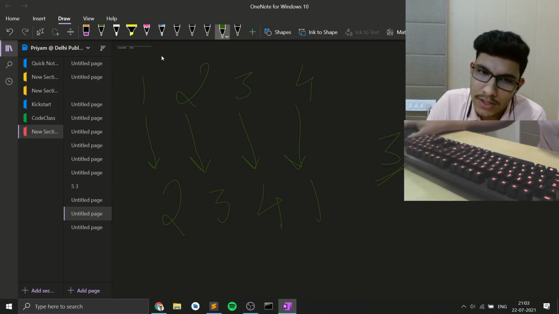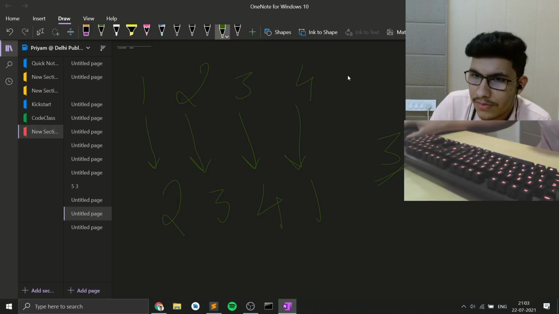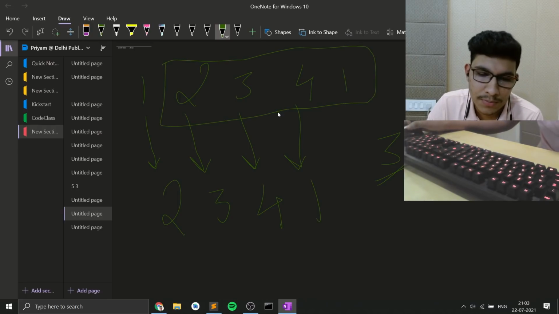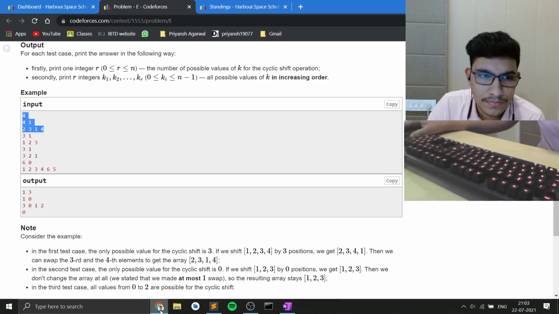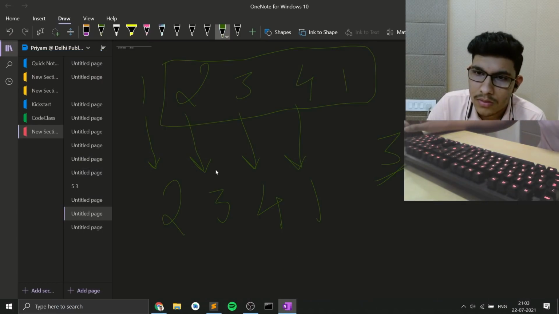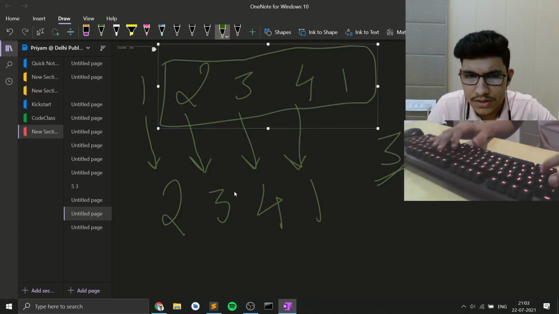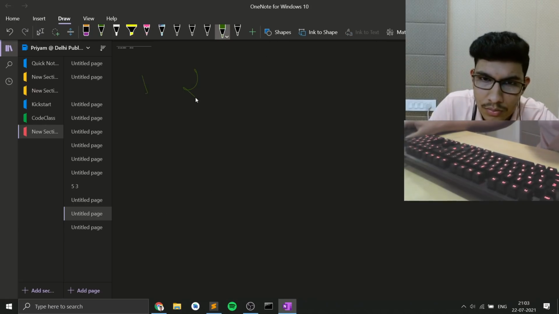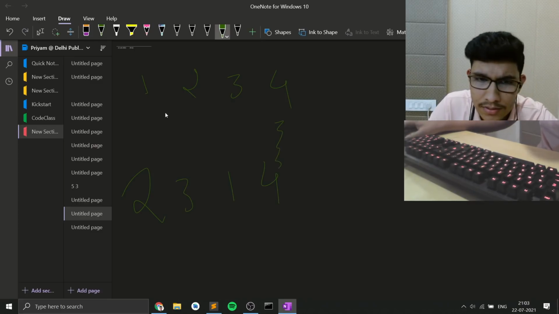Right. Now if I, let's say, just move to, if I consider this permutation now, this cyclically rotated permutation. Okay, so this permutation was something different. We have 1, 2, 3, 4, and we have 2, 3, 1, 4. So 4 is already in the right place. We don't need to correct that.